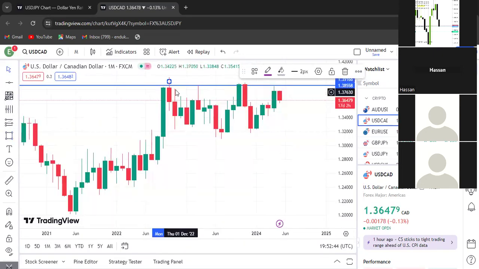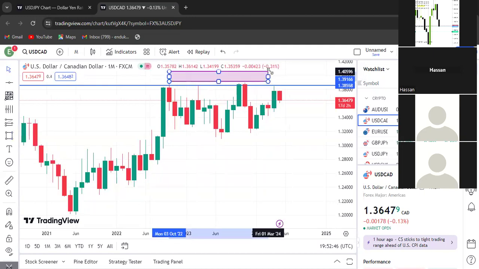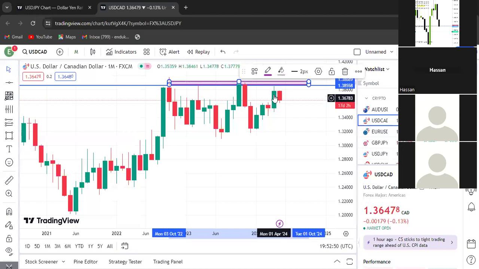If I mark my resistance zone here, even though I'm respecting this buy that the market was doing in April, I would have known that the market was approaching a resistance. So when it gets to that resistance, I will wait and see: is it going to break the resistance or is it going to respect the resistance? When I see that it respects that resistance, I then enter a sell order.